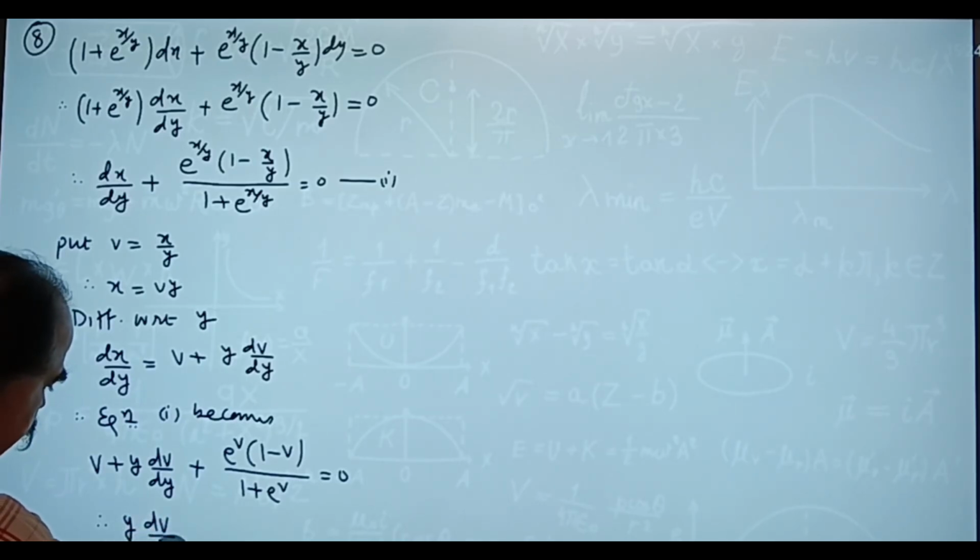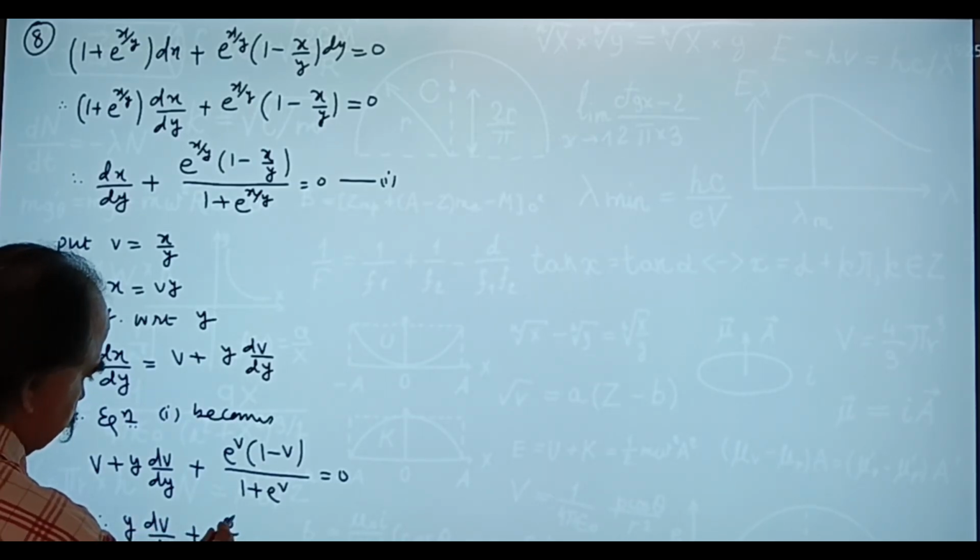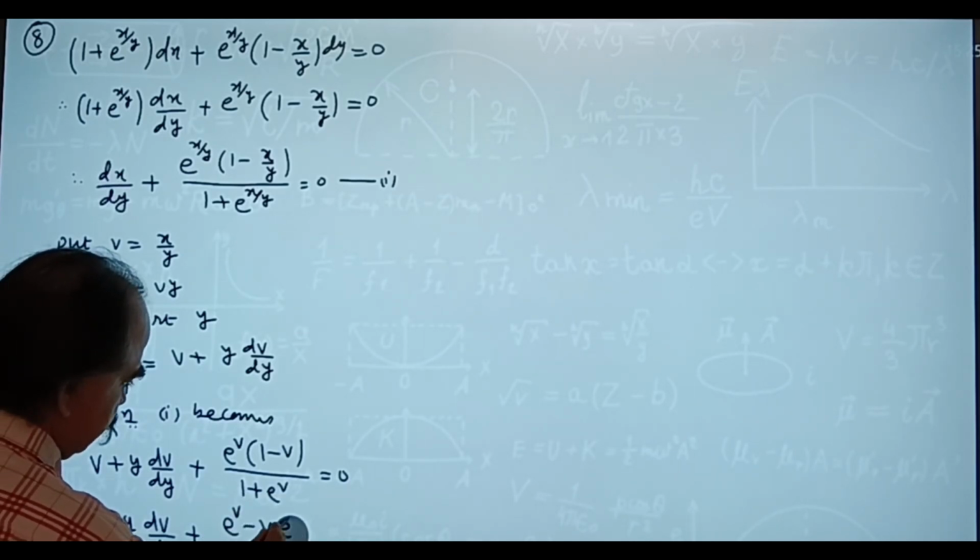y dv by dy plus e raised to v minus v e raised to v.